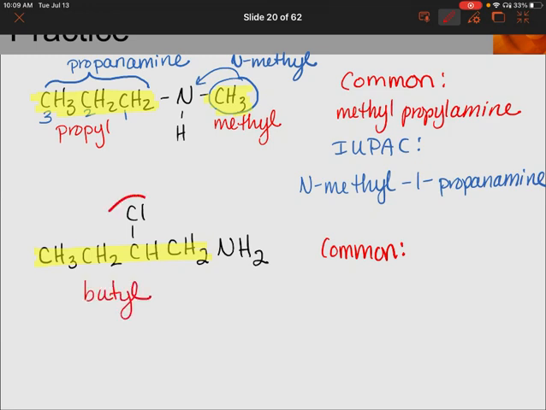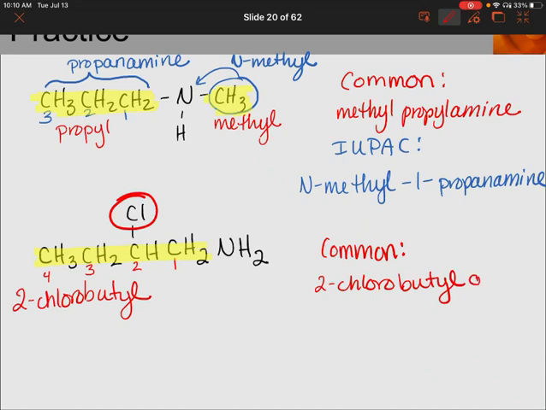But notice there's a chlorine attached. So let's number this chain so that the chlorine has the lowest number possible. So that would be 1, 2, 3, 4. So we have 2-chlorobutyl. And then there's nothing else bonded to nitrogen, so we're just going to add amine to the end. So the full name is 2-chlorobutylamine.